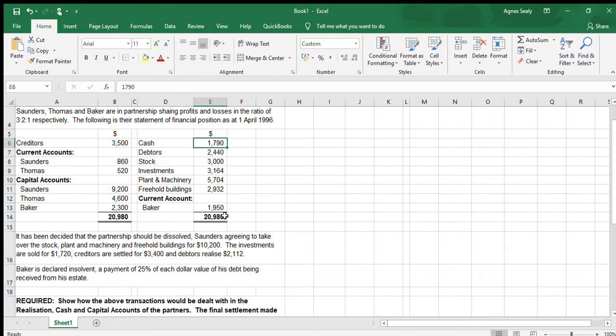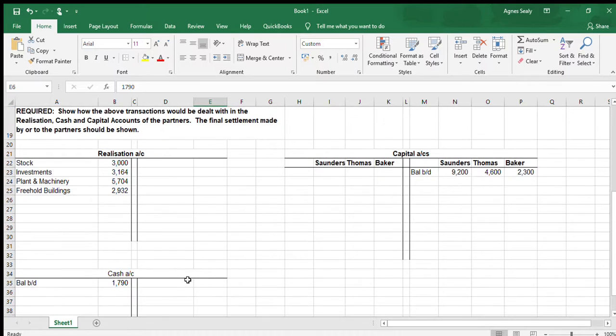Now, the second accounting entry that we look at is if we had assets that were disposed of, we would debit the cash account for those assets that were disposed of and credit the realization account for the same amount. So we have our asset that is disposed of here, that their investments are sold for $1,720.